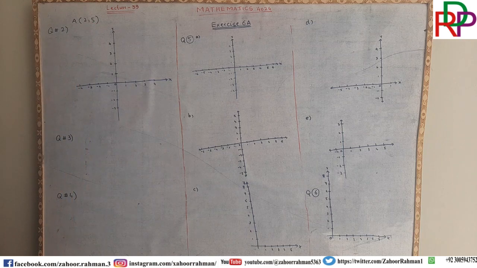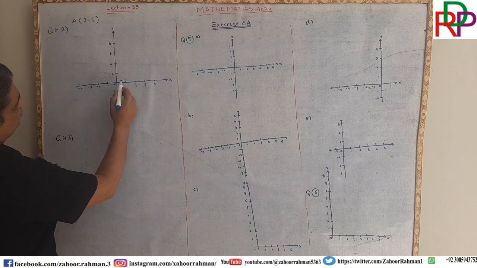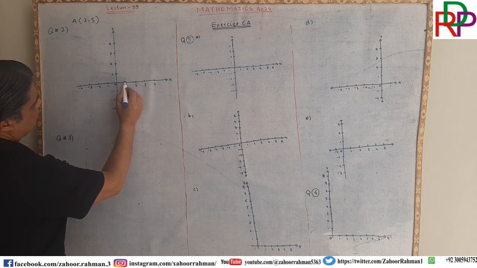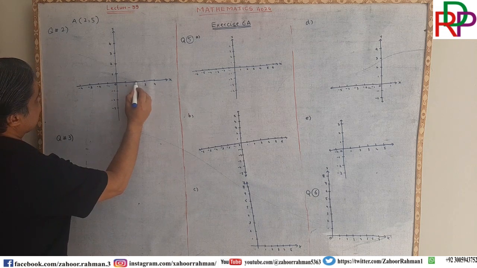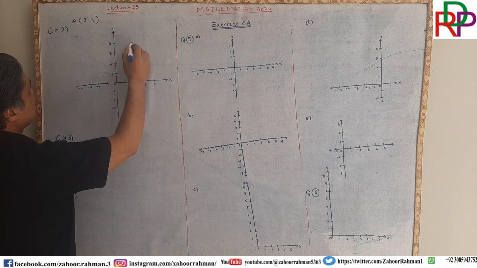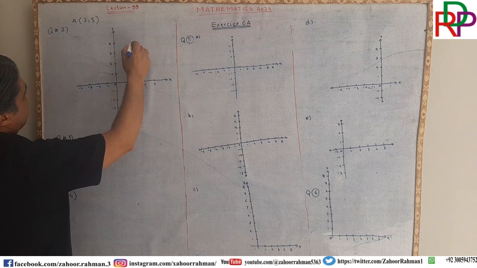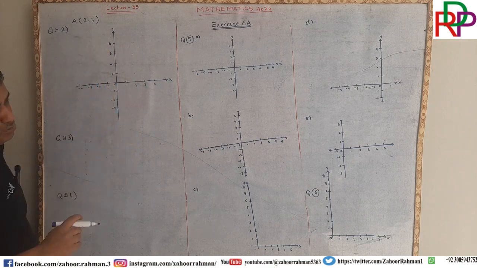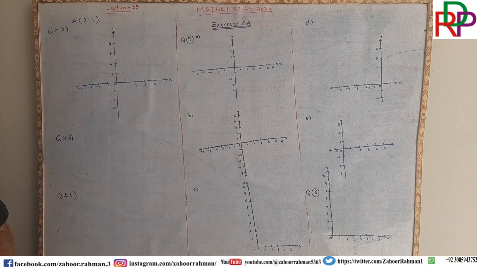Yesterday I told you that the first number, 2, represents the x-axis. So you have to go 2 steps along the x-axis, and then 5 steps upward.